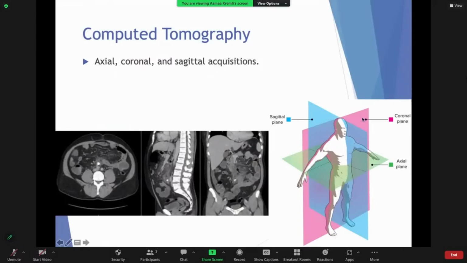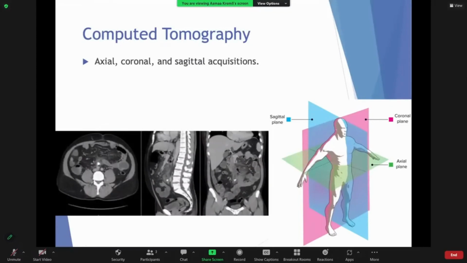And then we have the coronal plane, which is the pink one, as shown in this image. The coronal will allow us to see the superior, inferior, both lateral sides, and the midline structures. But anterior and posterior will be in each slice.